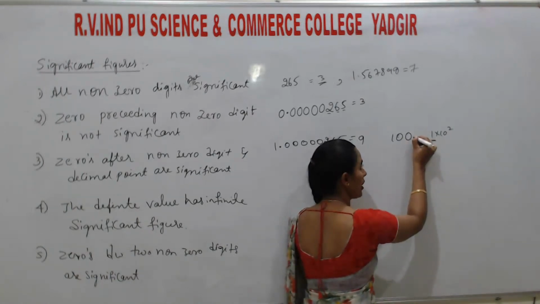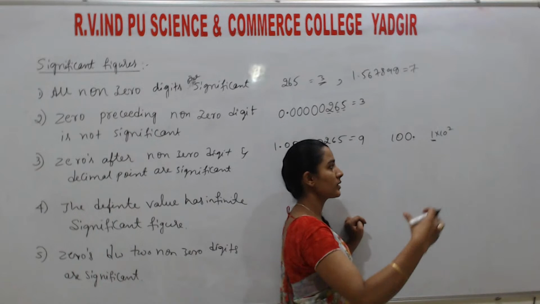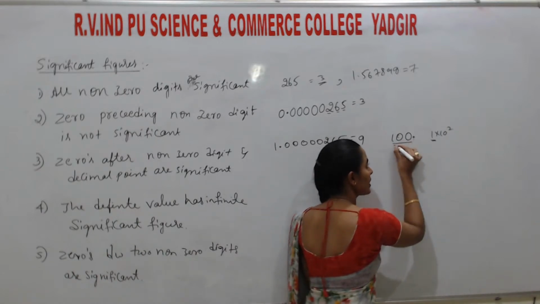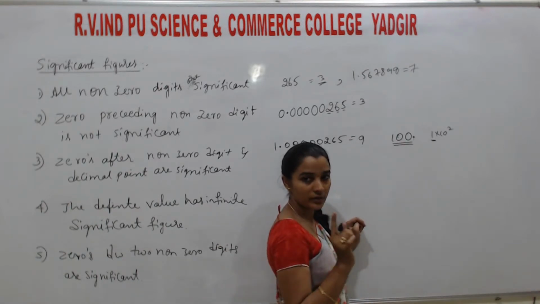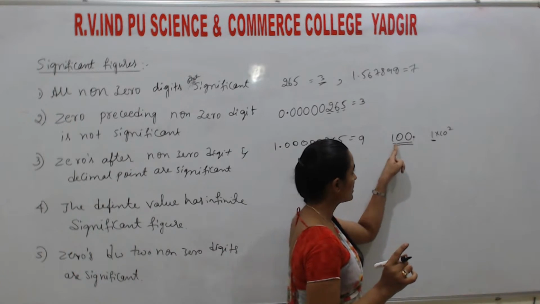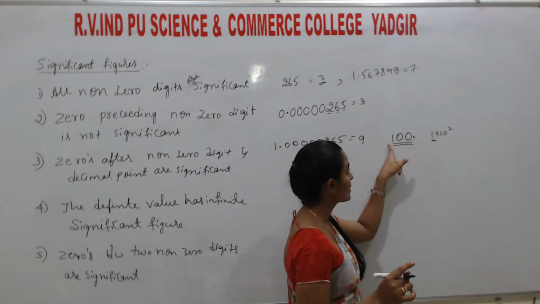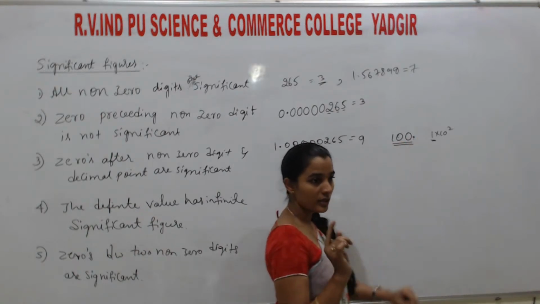If you write a point here, point means what? Of course there are next numbers here. Those are 0, 0, 0. We cannot count, but then also these become significant. Understood? So 100 means significant figure is 1. Okay, if point is there, then the significant figures are 3. Are you getting? Next.